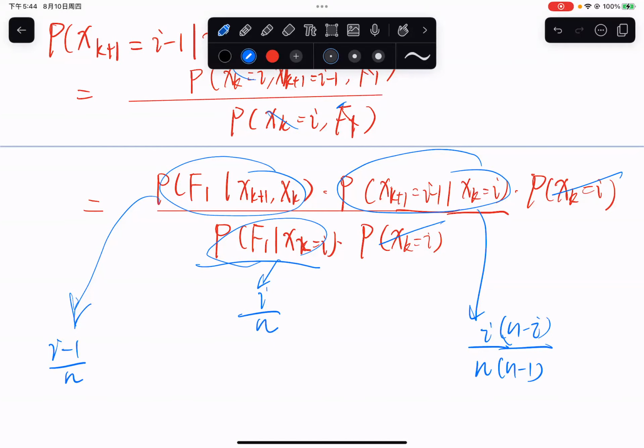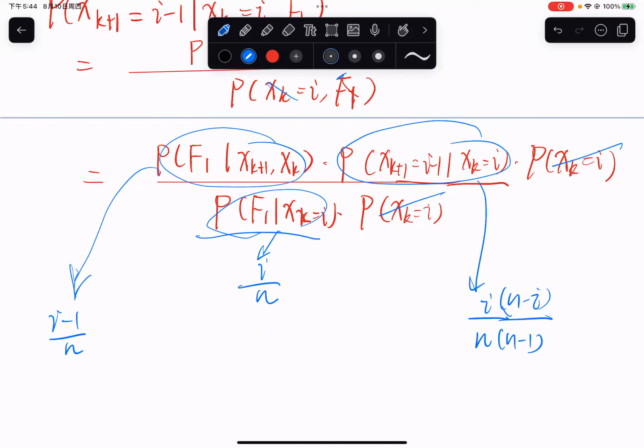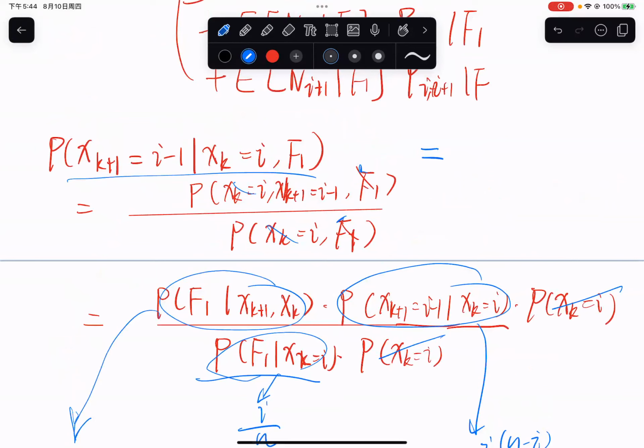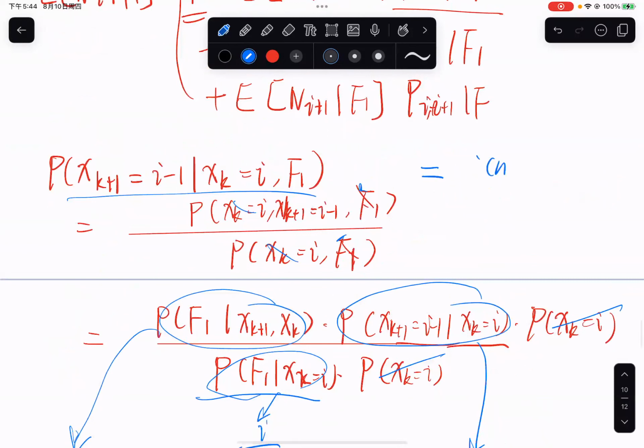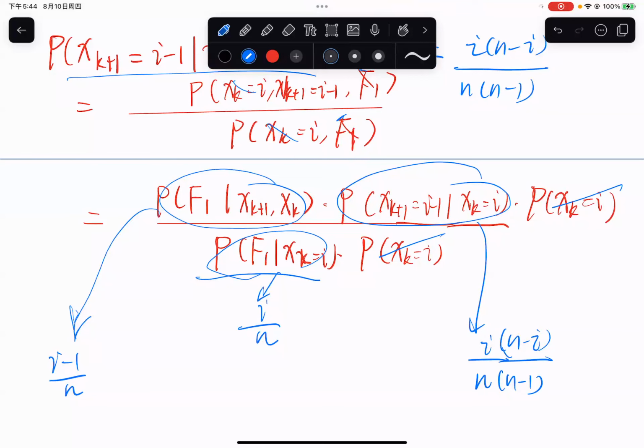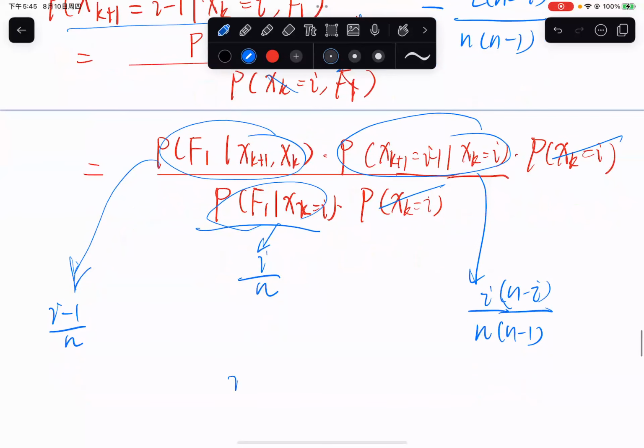So combining all these three together, what can we find? We can find this whole thing is going to be equal to i times (n minus i), over n minus 1, okay? Because let's put it together. i minus 1 over n, and this is n minus 1, i times (n minus i).